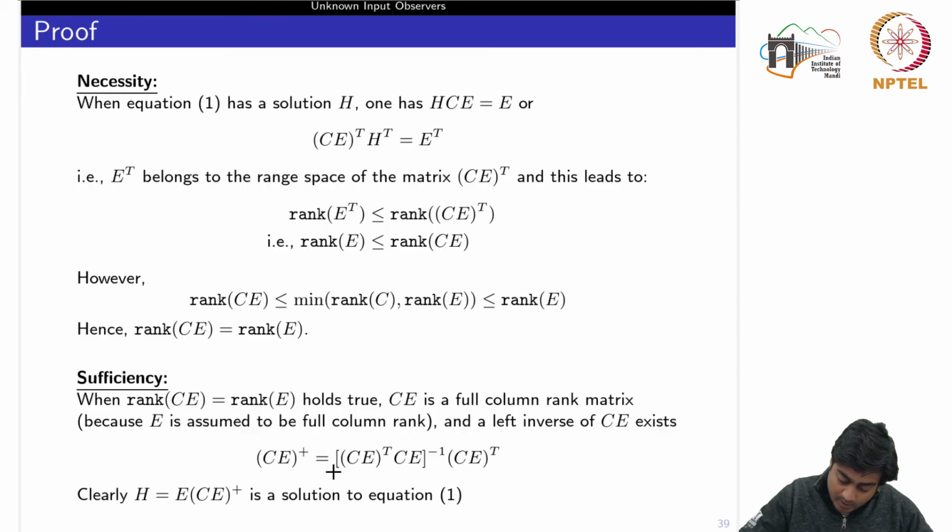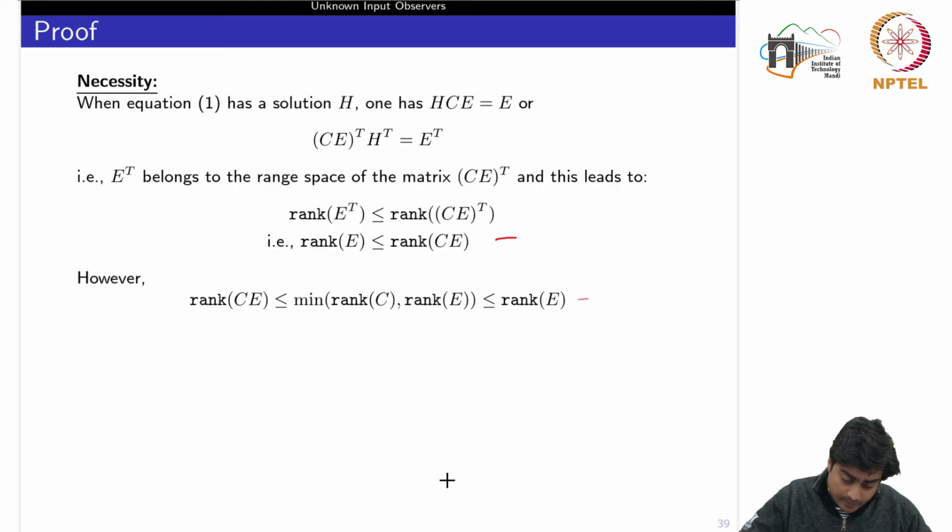So CE raised to the power plus becomes equal to (CE transpose CE) inverse times CE transpose. This is basically the pseudo inverse of this CE matrix. So finally I would have H equal to E times the pseudo inverse of CE is a solution to equation 1. Okay, so this finishes the complete proof of theorem 1.